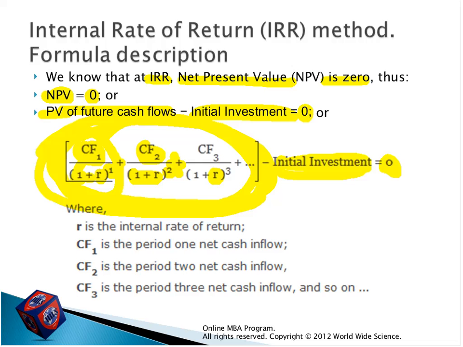The important thing is to set the required rate at the percentage at which the net present value will be equal to zero. That means the required rate impacts our net present value.